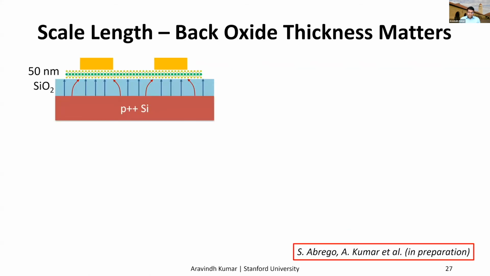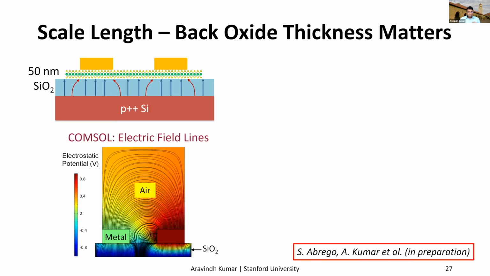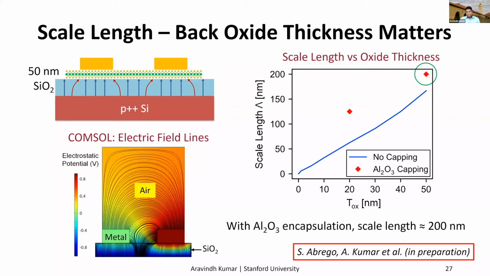So we did electrostatic simulations of this transistor structure in COMSOL to determine the scale length. This plot shows the heat map or the color map of the electrostatic potential and the electric field lines. And we can see that there's a lot of fringing of electric field lines close to the contact electrodes. Here we plot the scale length as a function of the backgate oxide thickness without and with capping.